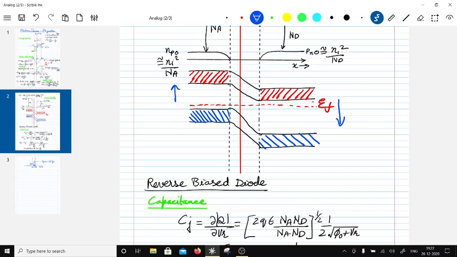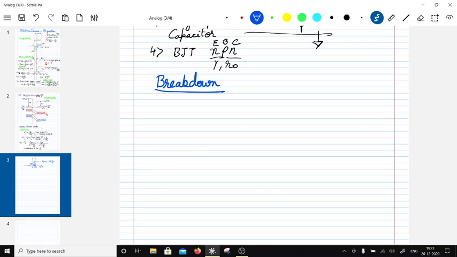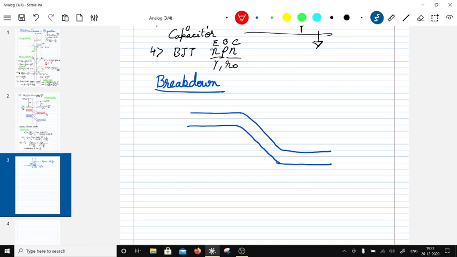this is going to go up. So now this side is going to align with that side. So let's draw this again. We're talking about breakdown. We have this like this, and we go like this and like this. So this side, and then we have got like this.